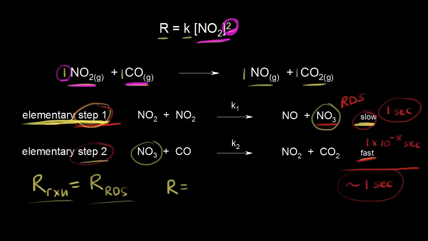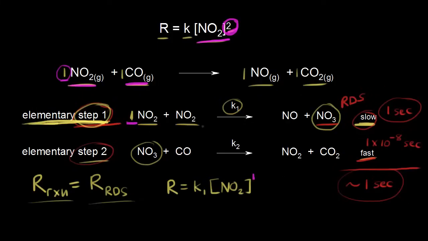For step 1, the rate constant is K sub 1, times the concentration of our reactant. Let's see, we have NO2, so we put NO2 in brackets. And since the coefficient here is a 1, remember for an elementary reaction, you can take the coefficient and turn that into an exponent. So this would be to the first power.